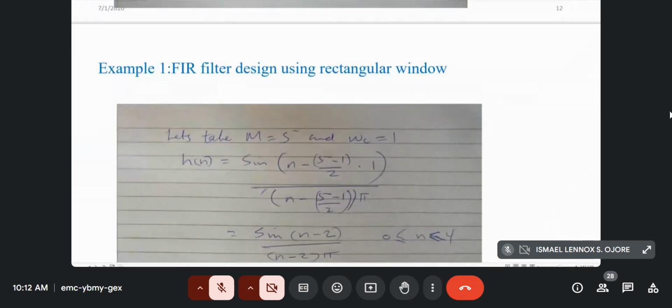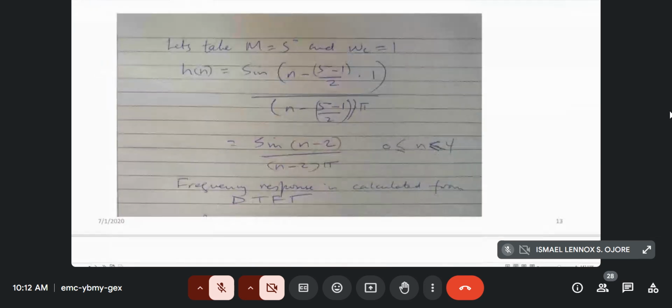Let's see. Oh, 5 here seems to be the number of coefficients and not the order. Okay, so if we replace m is equal to 5, we are going to end up with this. So our h[n] will be this from 0 to m minus 1. m is 5, so m minus 1 is 4. So it will be 0 to 4.